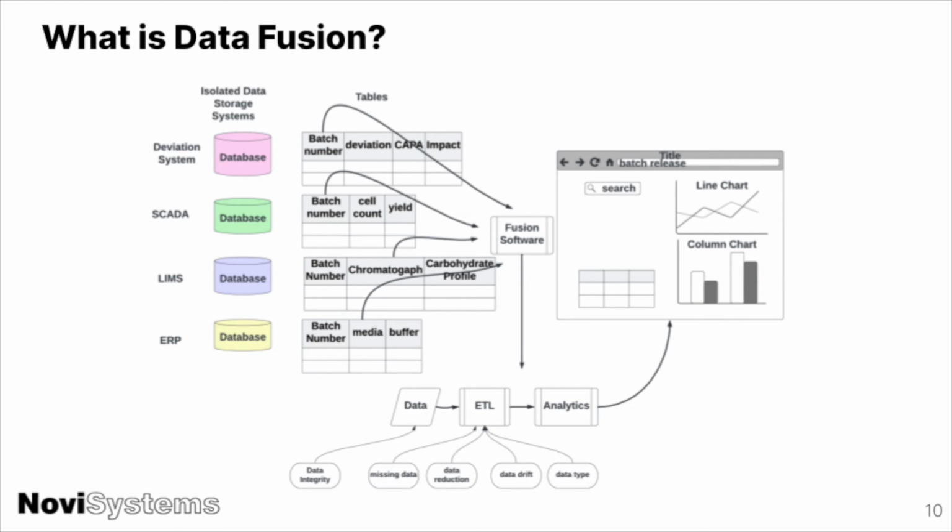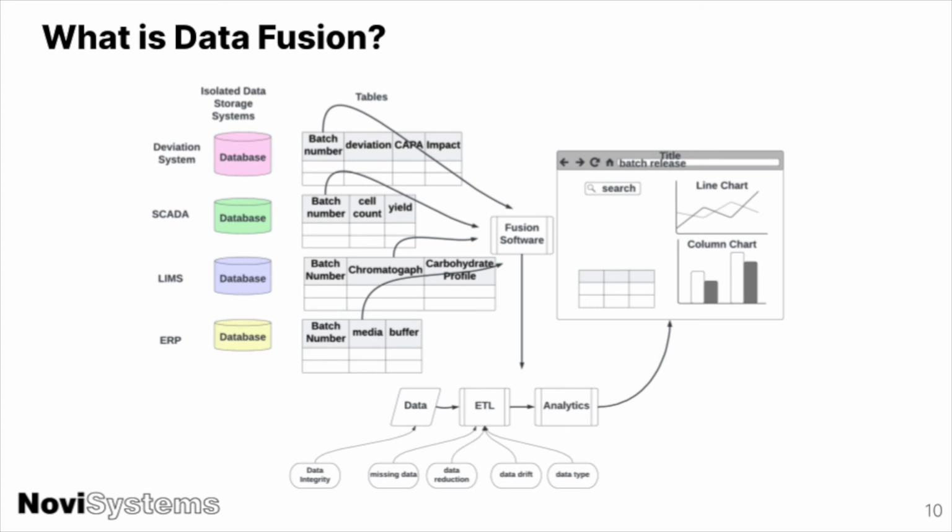Now, the good news is that we can integrate all of these things. We can bring it all together through the use of fusion. And what I mean by fusion is our ability to have software that allows us to perform tasks related to what the data scientist has to do for transforming data, or for what a reviewer has to do to see if things are trending and tracking properly.